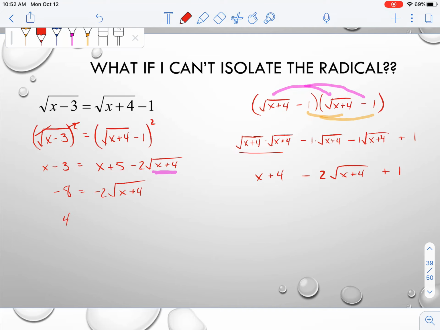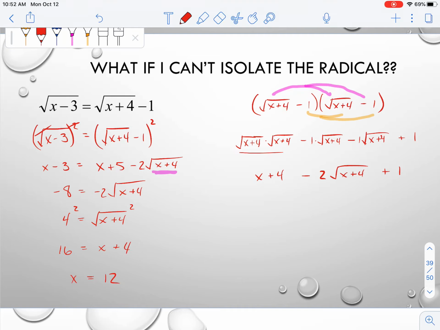I'm going to divide both sides by negative 2, and I get 4 equals square root of x plus 4. Now I've re-isolated the new radical. I want to square both sides. When I square both sides, I'm going to end up with 16 equals x plus 4.